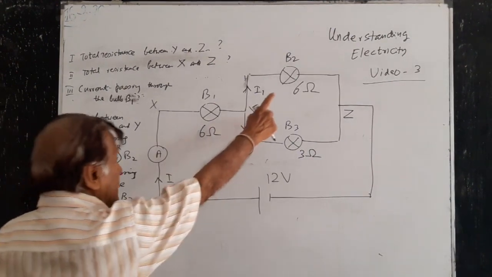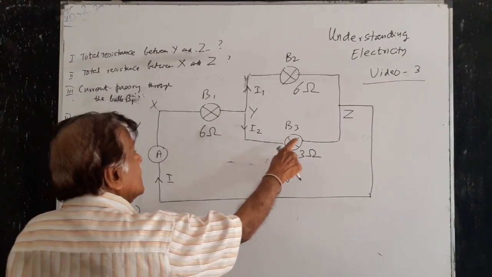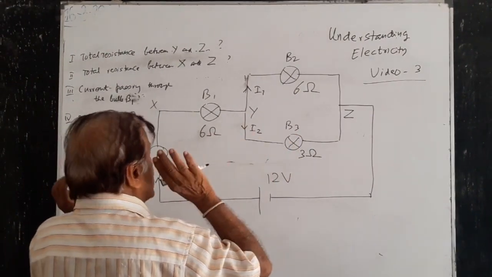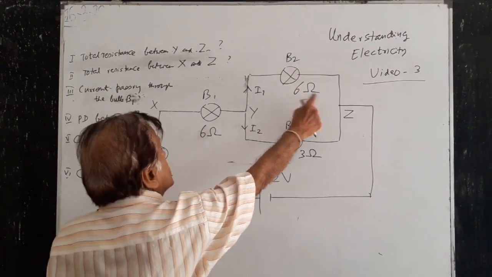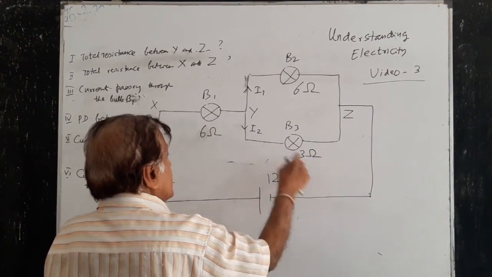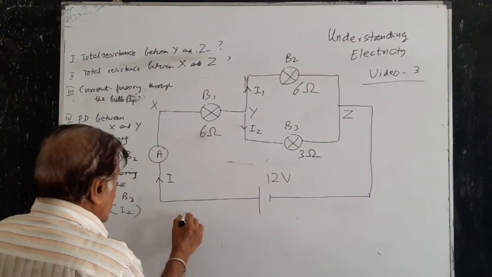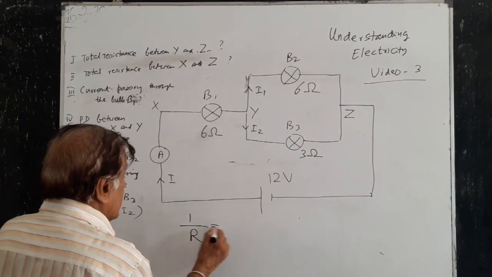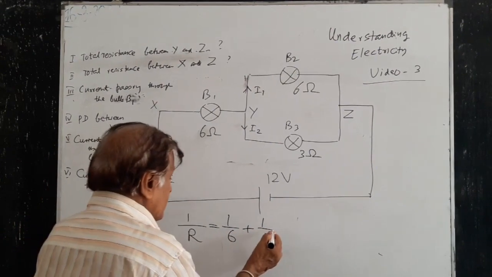The resistance of the bulb B2 is 6 ohms. Resistance of this bulb is 3 ohms. They are connected in parallel. Therefore, 1 upon R is equal to 1 upon 6 plus 1 upon 3.